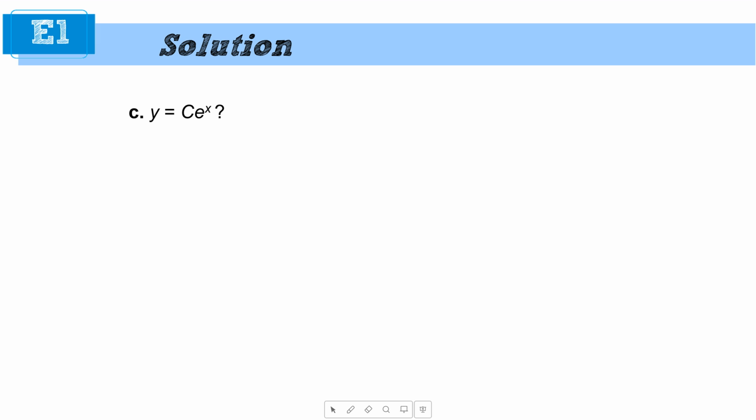Nothing. Absolutely nothing. So what's the derivative of C e to the x? C e to the x. And what's the derivative of that? C e to the x. What's the ninth derivative of C e to the x? You guys are so good at pattern recognition. Plug and chug. C e to the x minus C e to the x is 0. It doesn't matter what C is; they're going to cancel out. So yes, that one works. It follows the pattern.